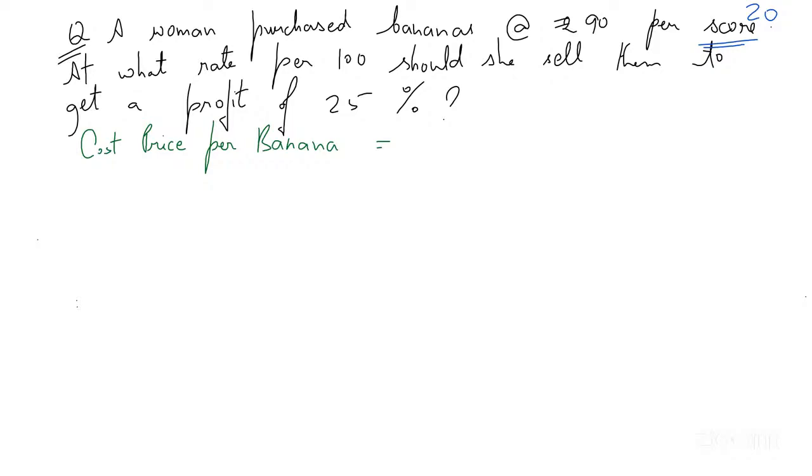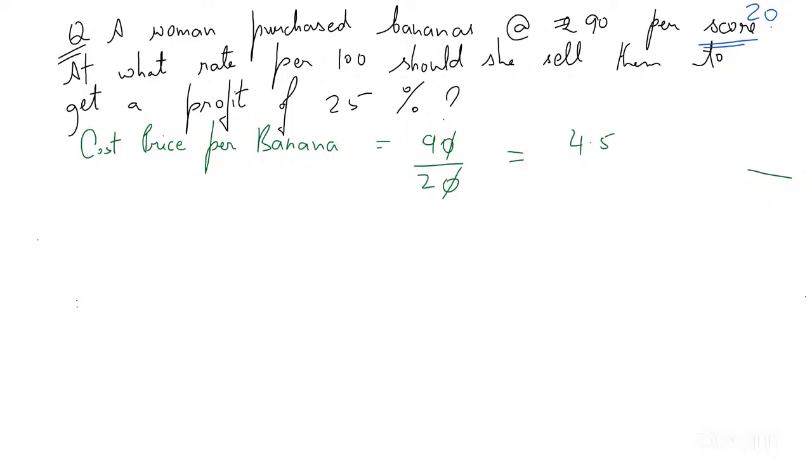Okay, Abraham and Joshua, what are you getting? Ma'am, I'm getting 106.25. Okay, I'm doing cost price per banana: 90 upon 20. Cancel the zeros and divide 9 by 2, you will get 4.5.